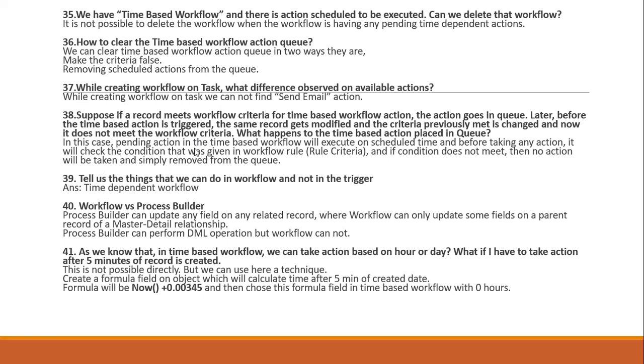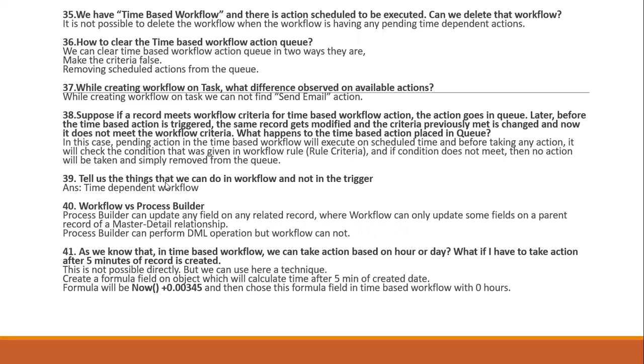In this case, the pending action in the time-based workflow will be executed at the scheduled time. Before executing any action, it will check the conditions given in the workflow rule criteria, and if the condition does not match, then no action will be taken and it is simply removed from the queue.